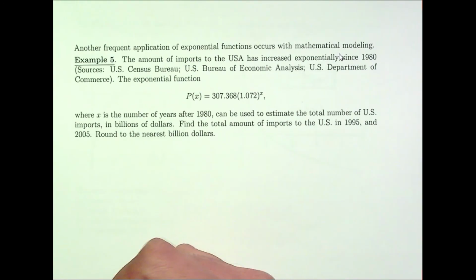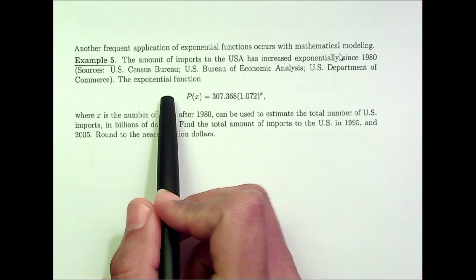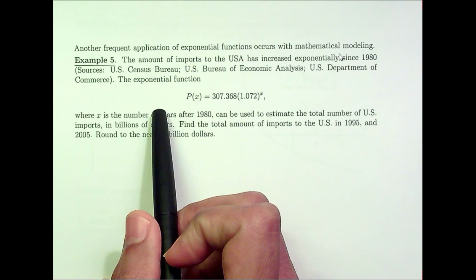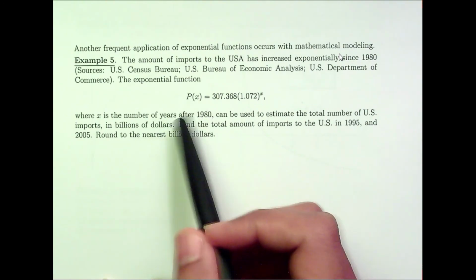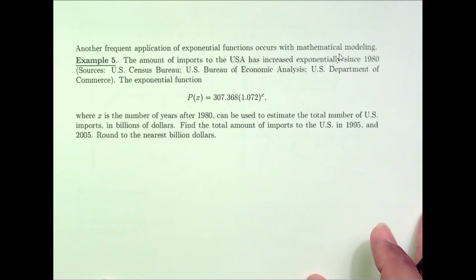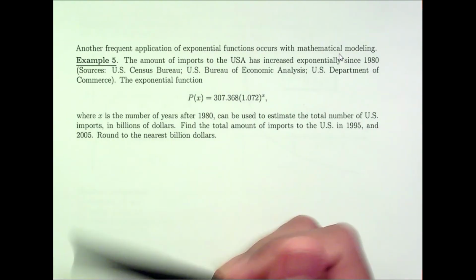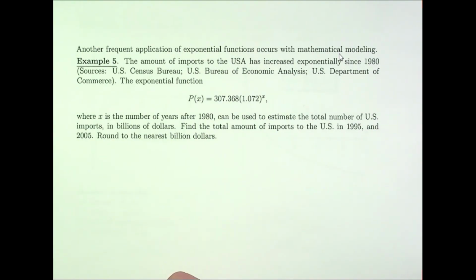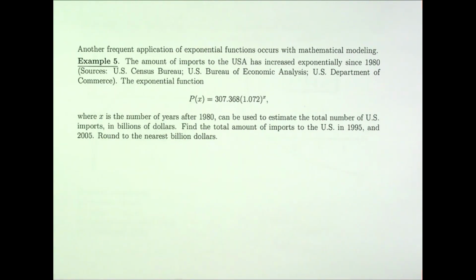Okay, so this example right here is directly from the book. I didn't come up with this model, and it says the following. The amount of imports to the USA has increased exponentially since 1980. The book gives some sources, they're right there.